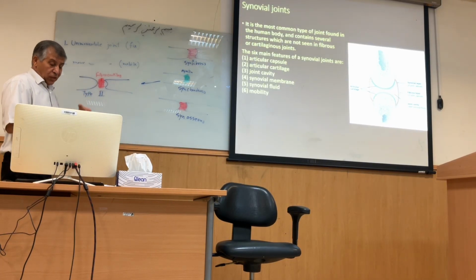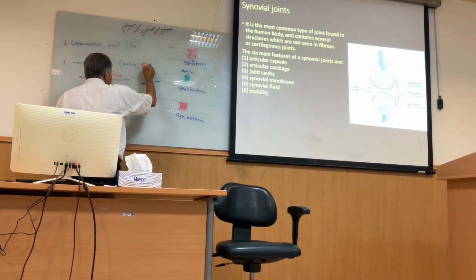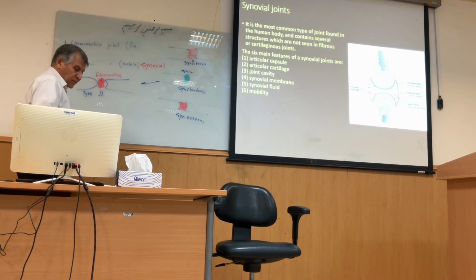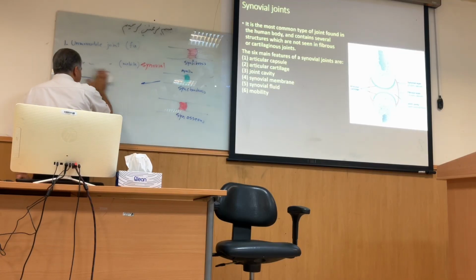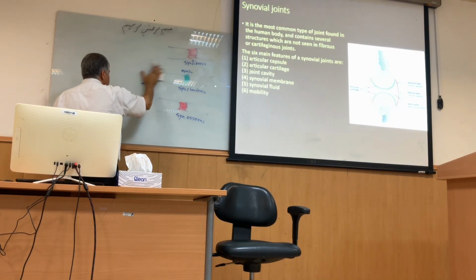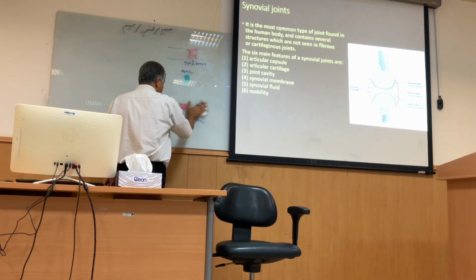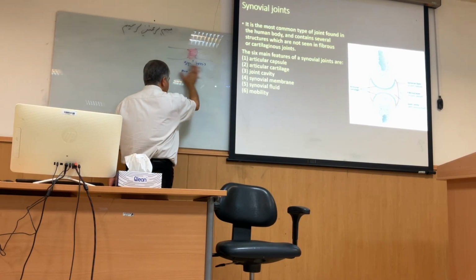Mobile joint. Other name is called synovial joint. All synovial joints are movable and have 6 factors.